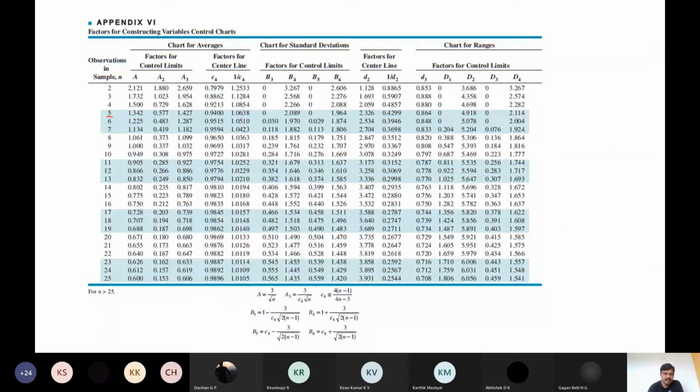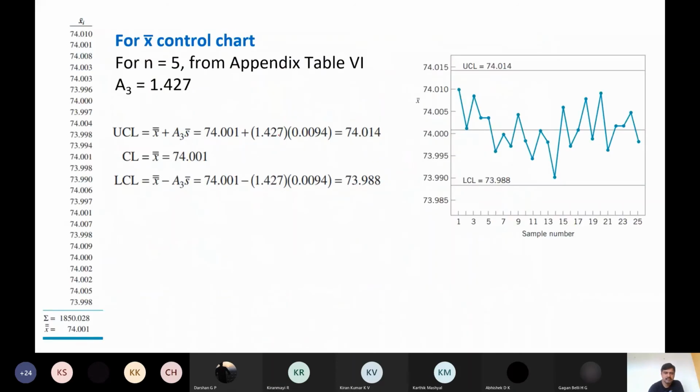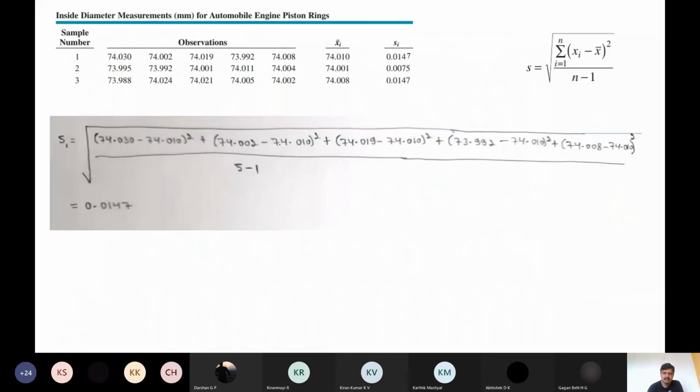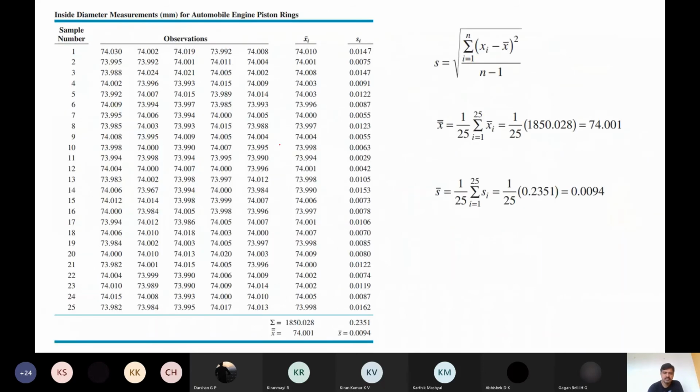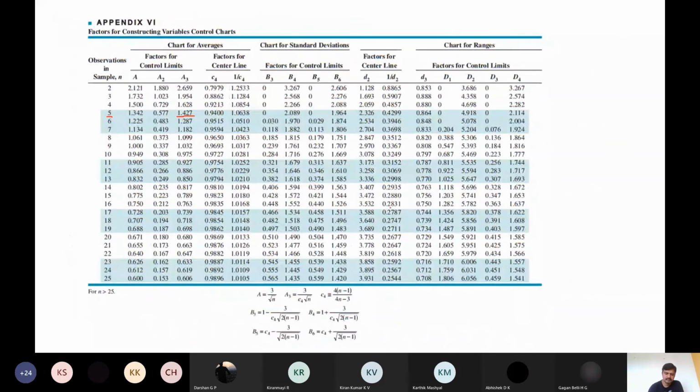We want A3. This is the A3. For 5, the value is 1.427, so here we took 1.427. In the exam also you can use this table. You should take a printout of this table and you can make use of it in the exam.